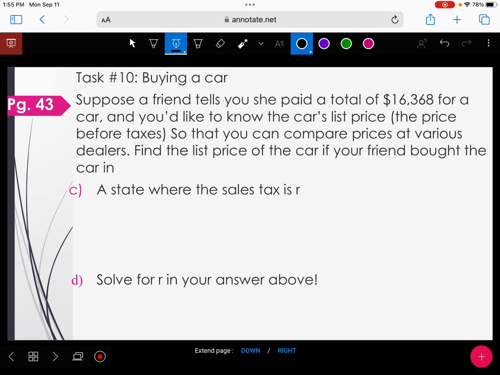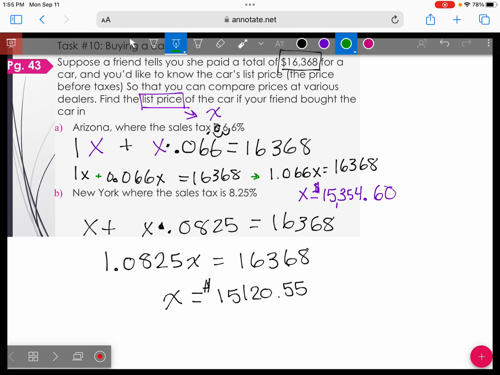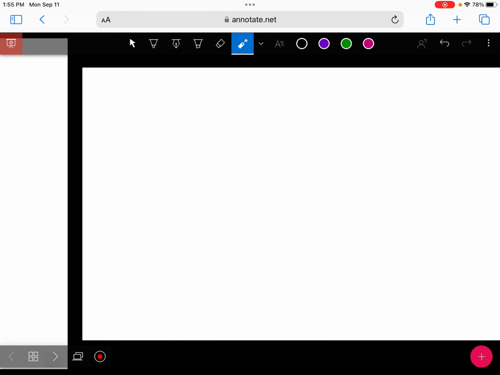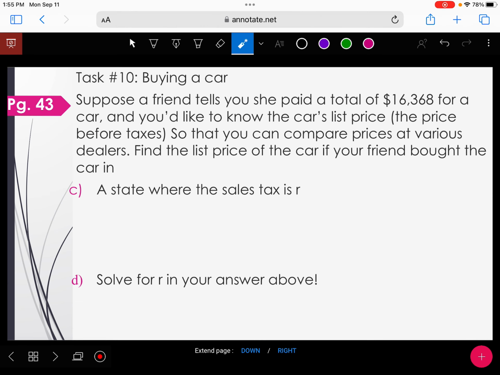So this time they're not giving us the actual percent. We're going to use an R, just the letter R. So we're going to use these equations just like we did here, just with an R instead of the decimal. So whenever we have the tax rate, this is already the decimal.